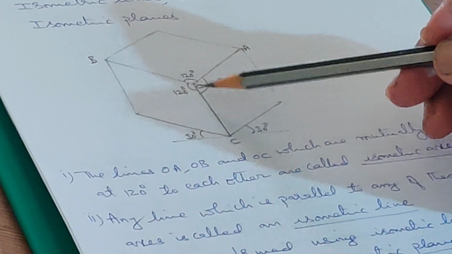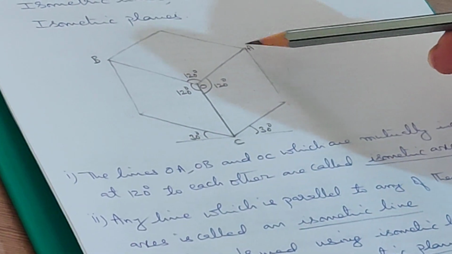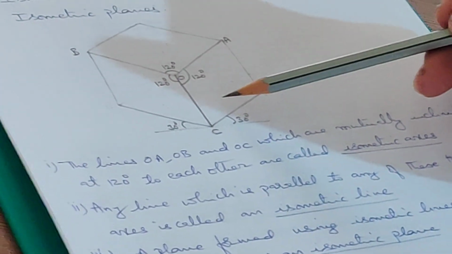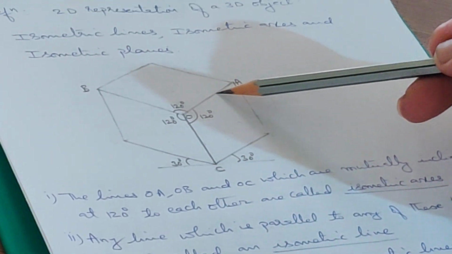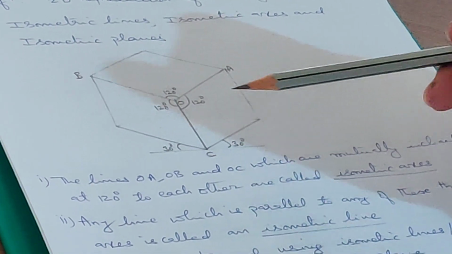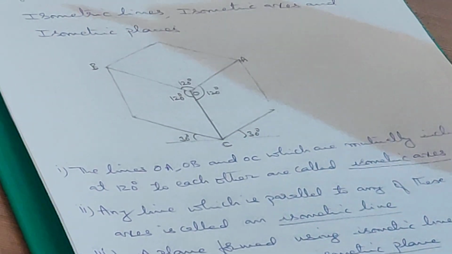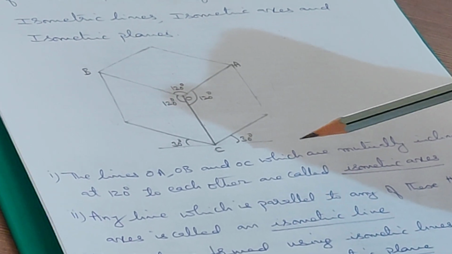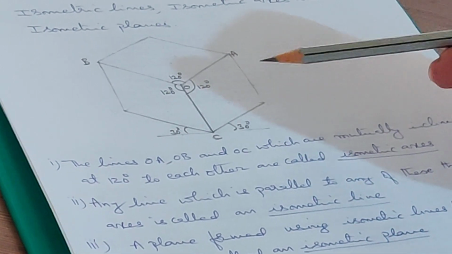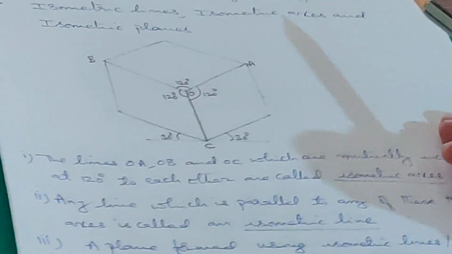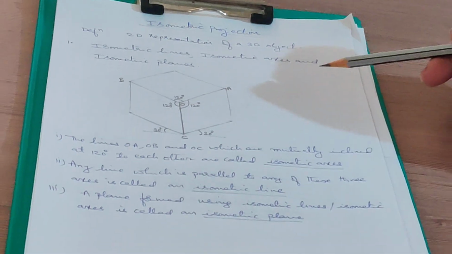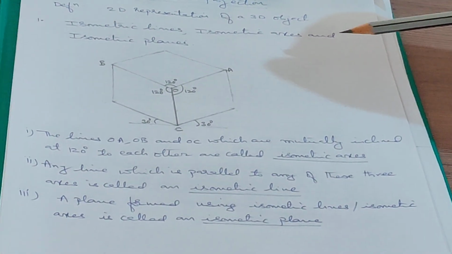If a plane is formed making use of both the inclined axis, it is a horizontal plane, but when it is formed making use of one of the inclined axis and the vertical axis, then it becomes a vertical plane. This is an important observation for you. So that is the first topic which I have to tell you as an introduction to isometric projection. You can make a note of this, or you can take notes of this sheet.